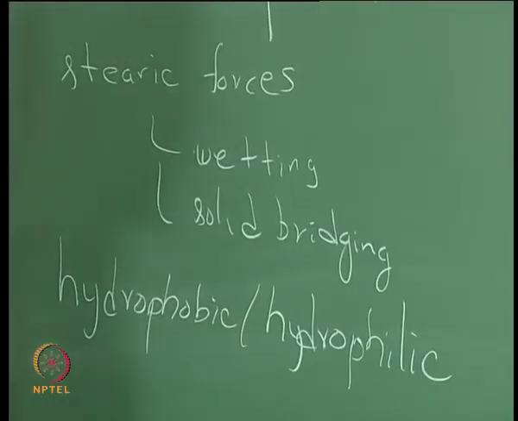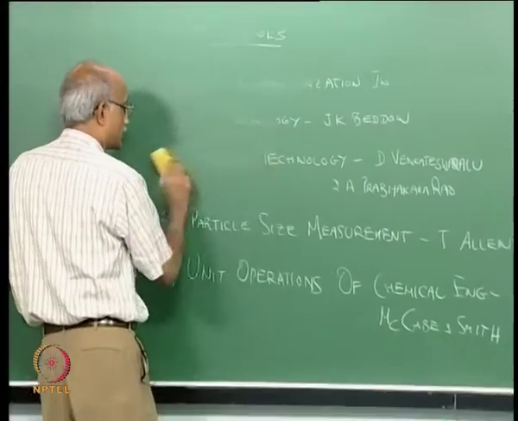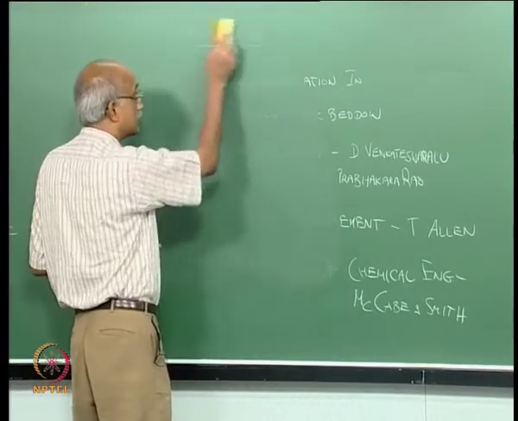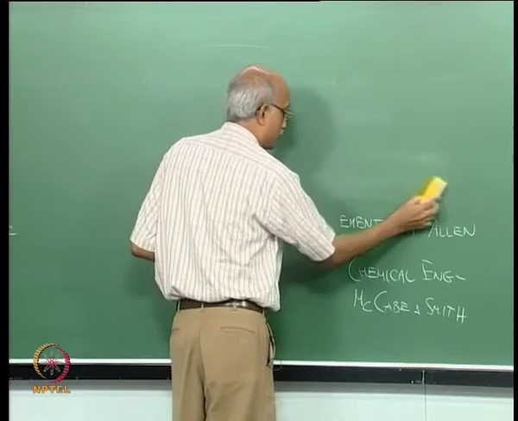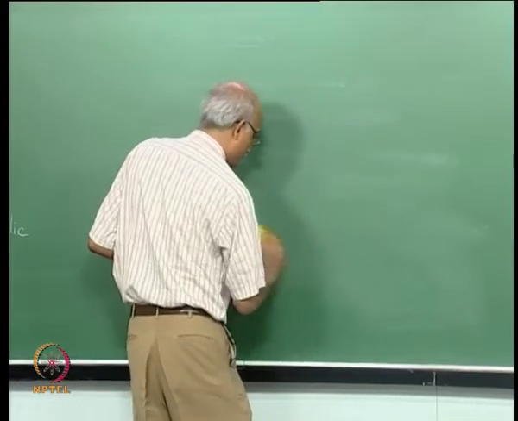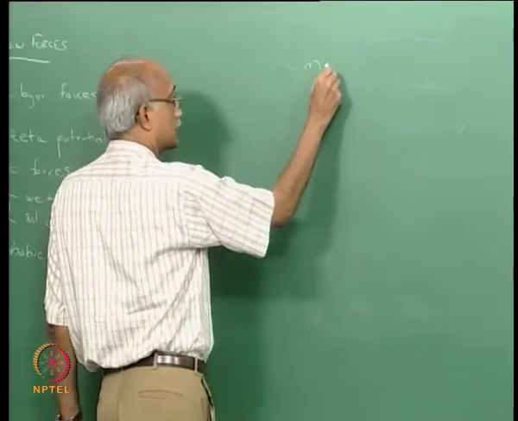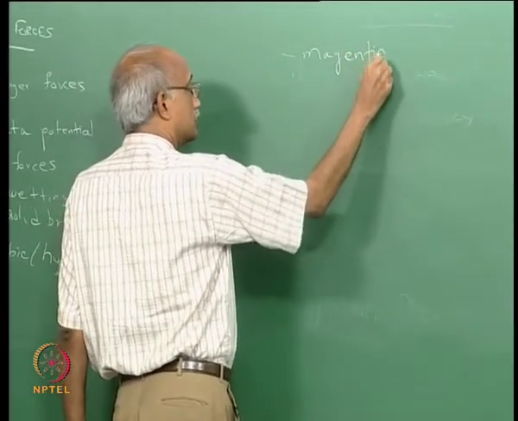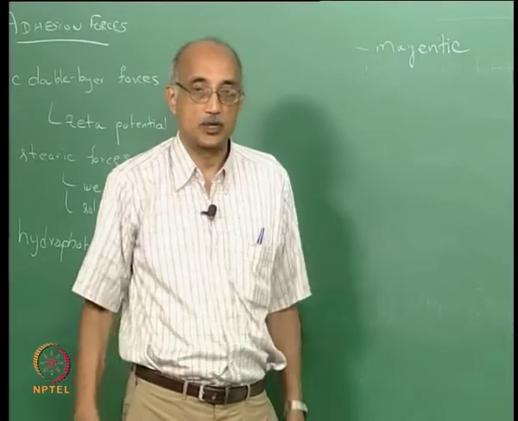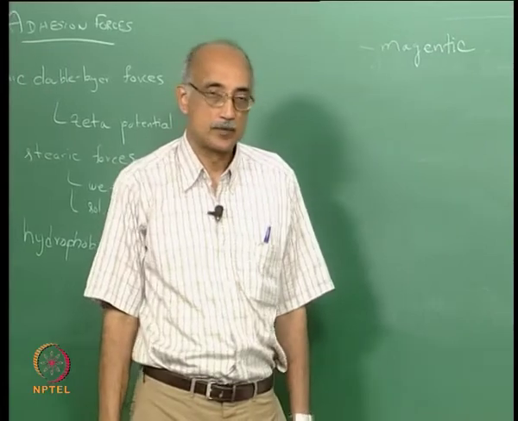Now, in addition to this, there are a variety of forces that apply in specific situations. The ones above are forces that are universal. Whatever the combination of particle and surface, you would expect these forces to apply. But there are other forces such as magnetic forces. Obviously, if you have two magnetizable surfaces, the adhesion force or the repulsion force between them will be dominated by the magnetic field that is set up between them.